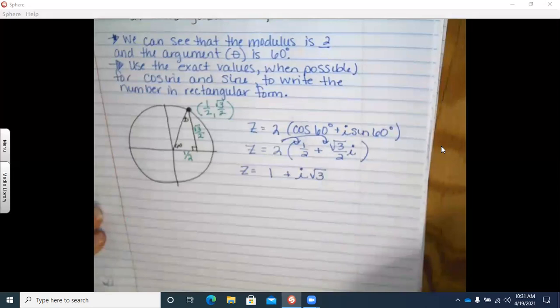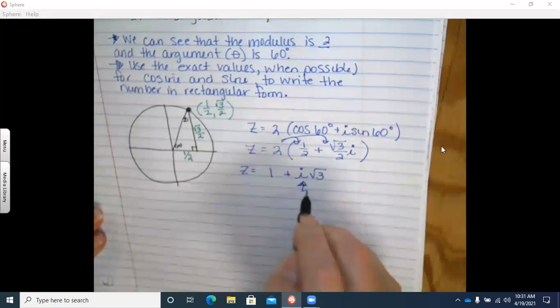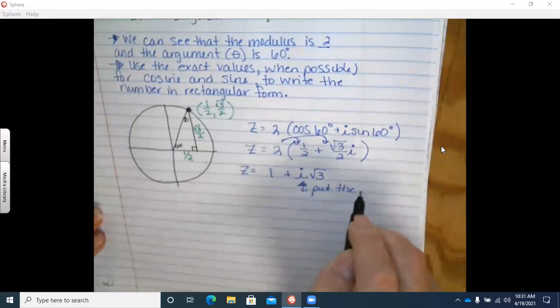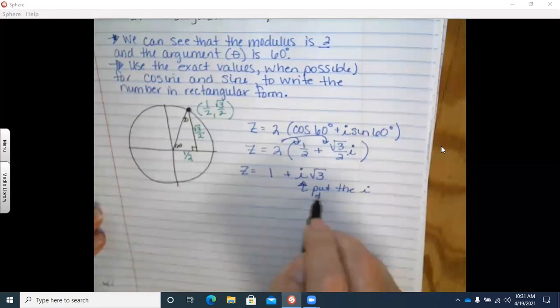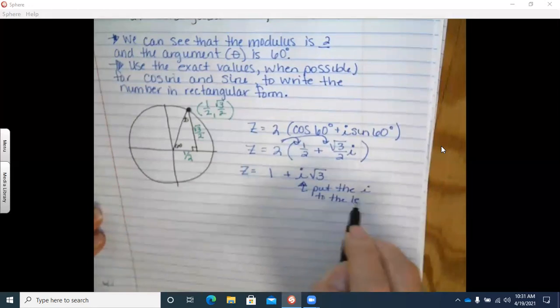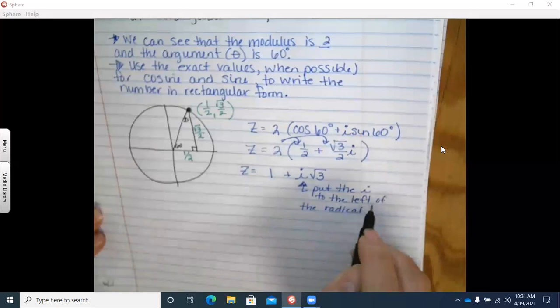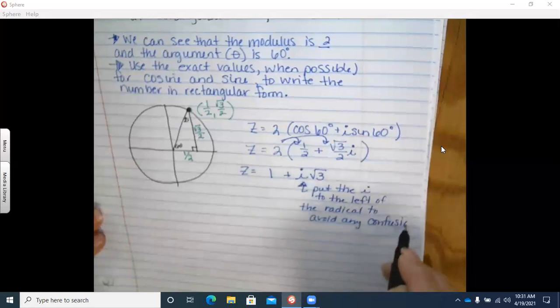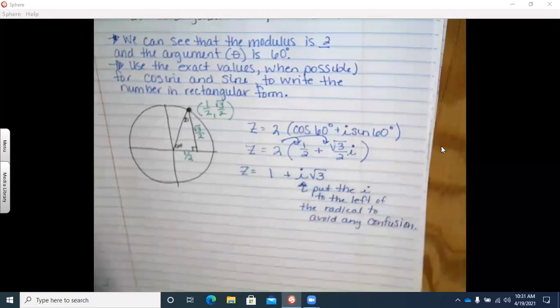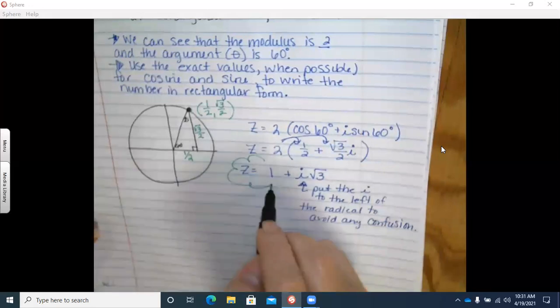You want to put the i to the left of the radical to avoid any confusion. You don't want it to look like it's under the radical. And that's our answer. Just like that.